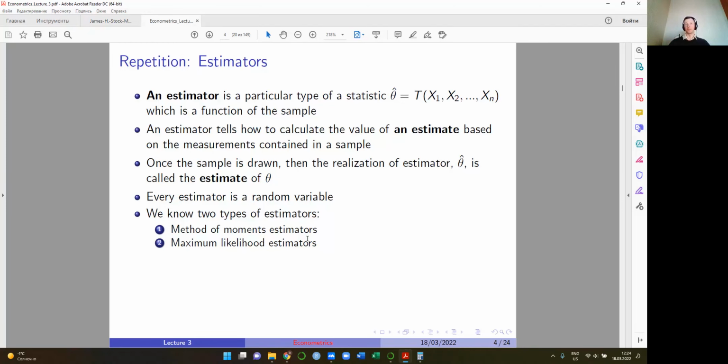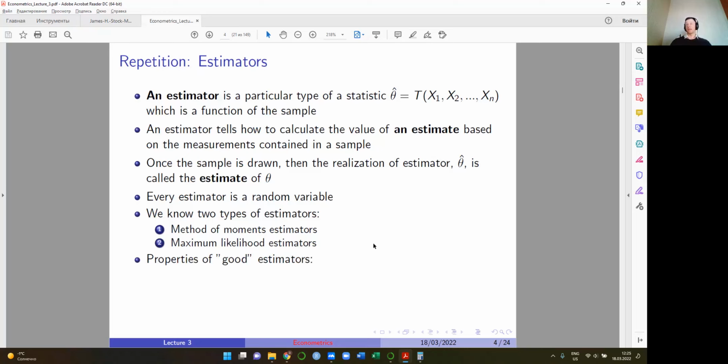For the method of moments, we wanted to know the population and sample moments of the random variables of interest. We equated them, and then we derived the estimators. For maximum likelihood, we build the likelihood function. We maximize this likelihood function with respect to the unknown parameter, and that's how we build the estimator.